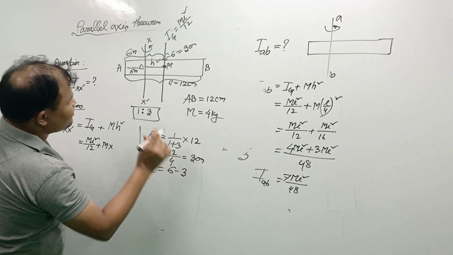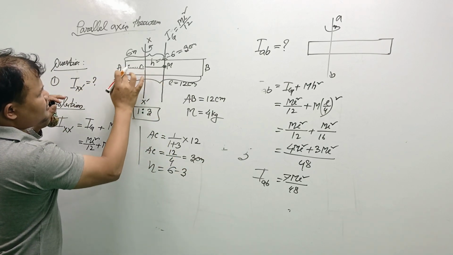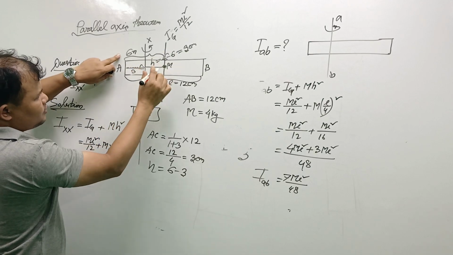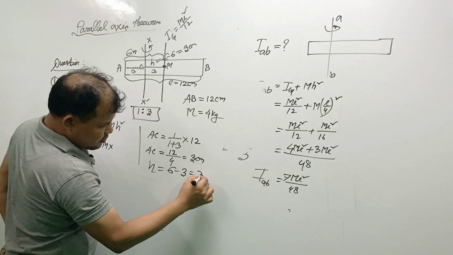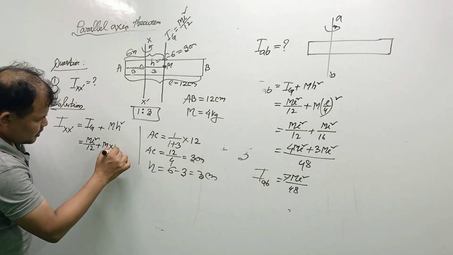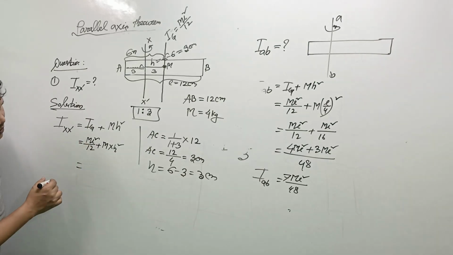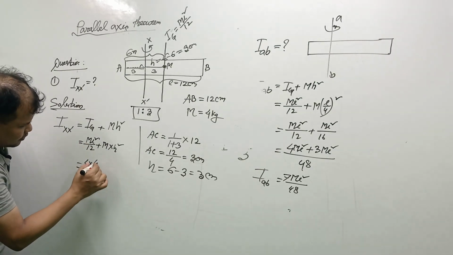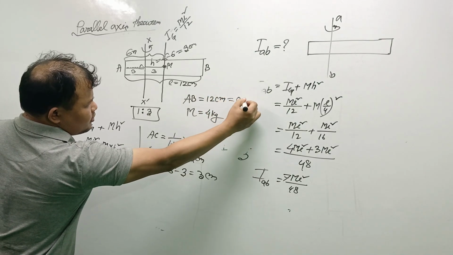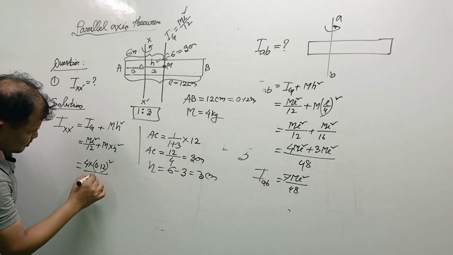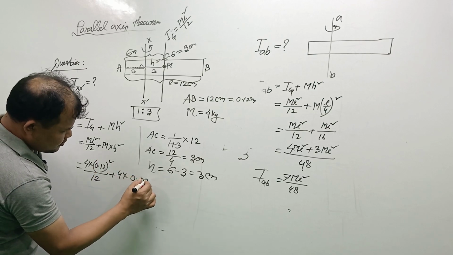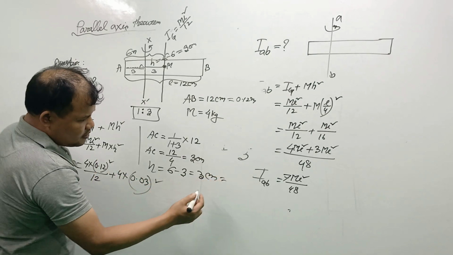Total 6 centimeter, AC 3, so this part also 3 centimeter, h square. Now we put the value: M is 4, L is 12 centimeter, turn it into meter, 0.12 meter, divided by 12, plus M is 4 and the value of h is 0.03 meter.